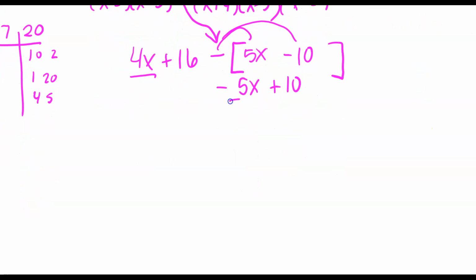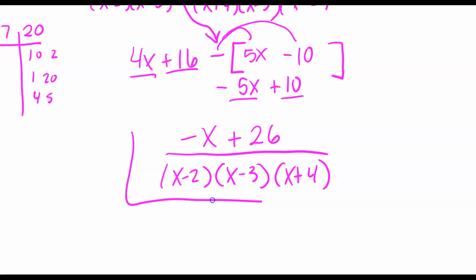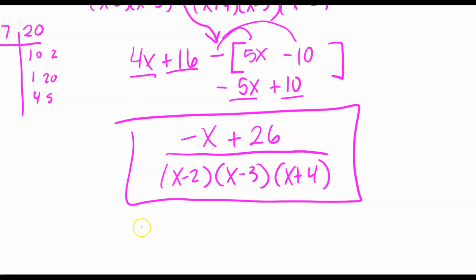So 4x minus 5x is negative x, plus 16 and 10 is 26. All over the long denominator, x minus 2, x minus 3, and x plus 4. You know what I forgot about are my restrictions. X does not equal 2, 3, or negative 4.